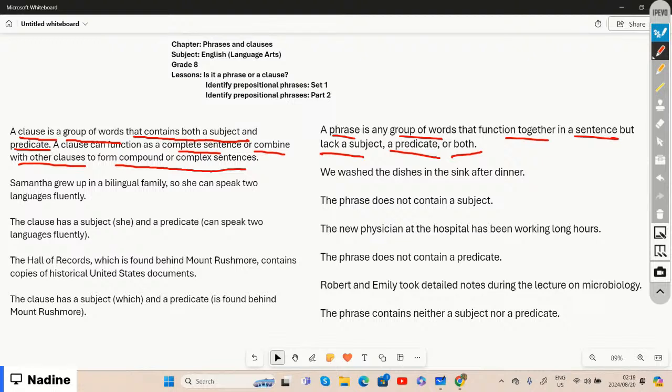All right. So we say that a clause is a group of words that contains both a subject and a predicate, whereas a phrase is a group of words that functions together in a sentence but lacks a subject, lacks a predicate, or lacks both a subject and a predicate.